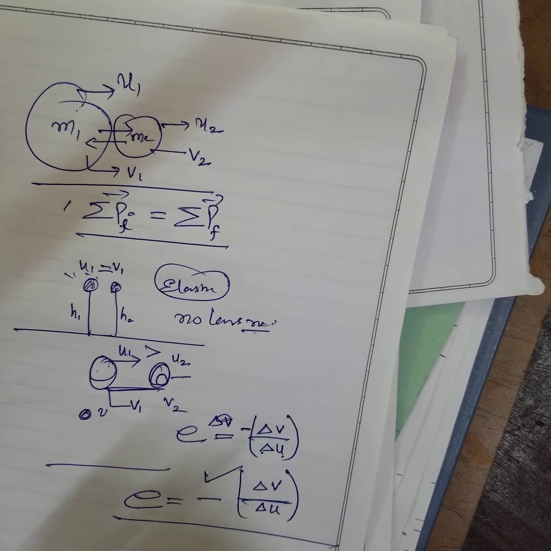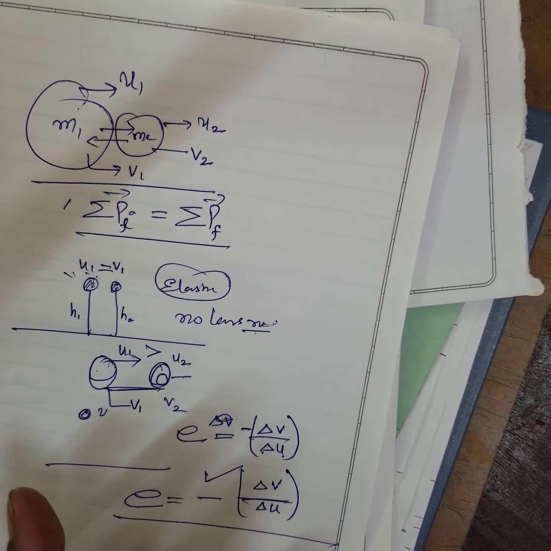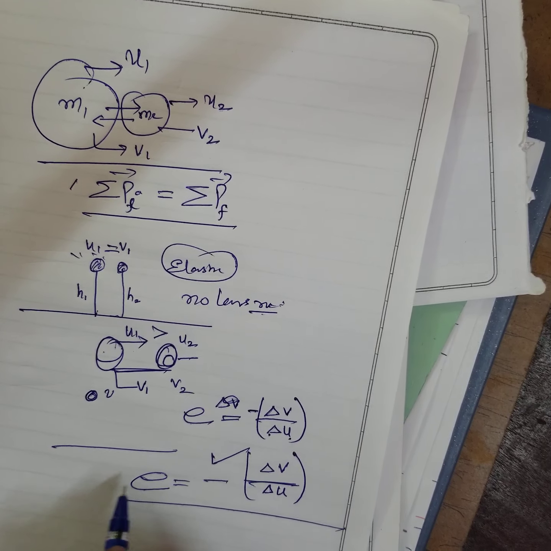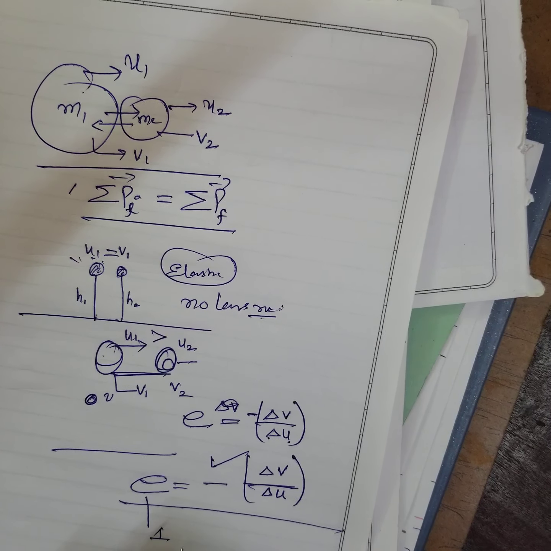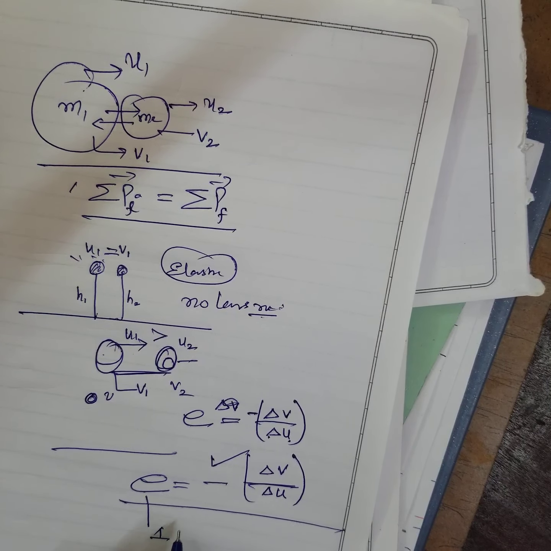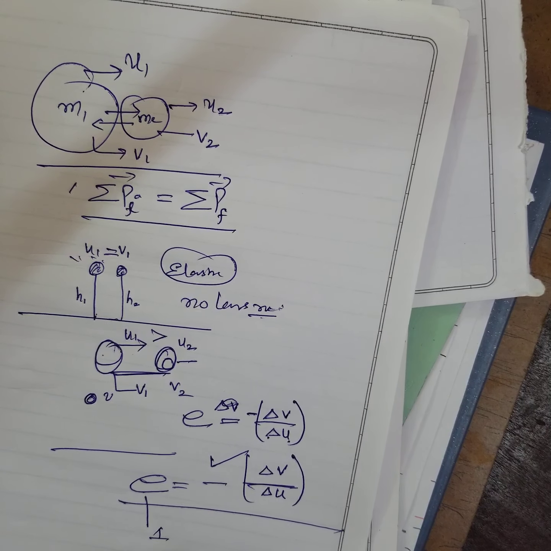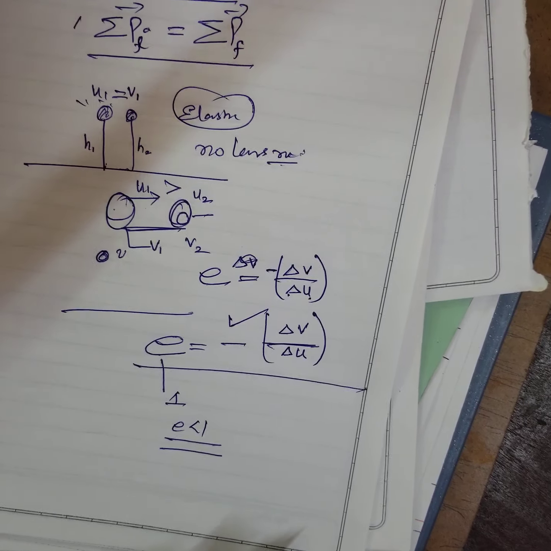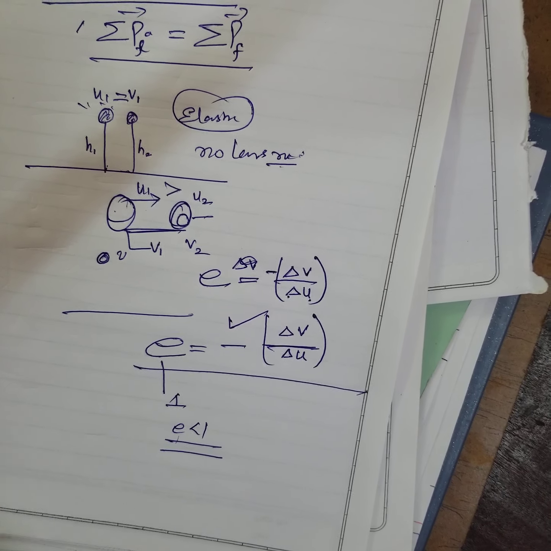I will tell you the exact wording, but this is the concept. For a perfectly elastic collision, it is 1, e is equal to 1, because there is no loss in energy. For an inelastic collision, e is less than 1.